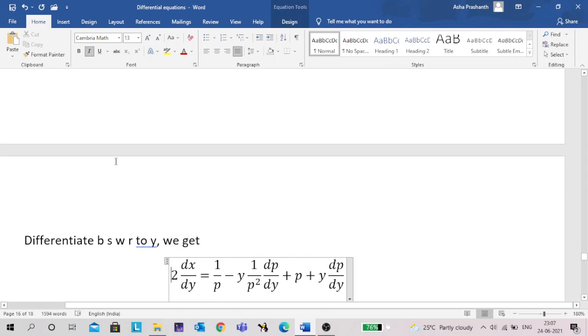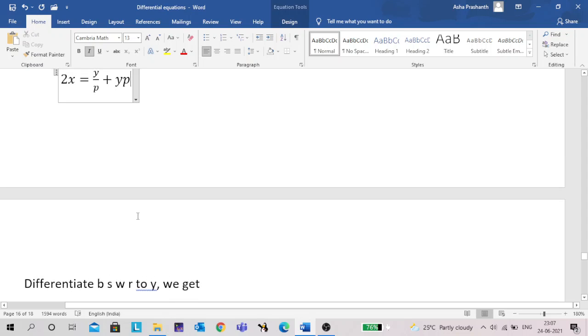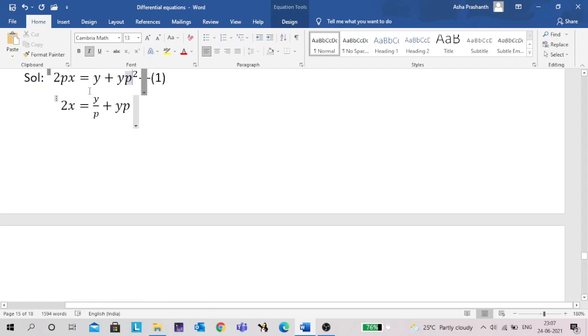With respect to y, 2x, 2 is a constant. The differentiation of x is dx by dy. We are differentiating this equation with respect to y. Here you can apply the product rule, or else you can apply the quotient rule. Here I have applied the product rule: 1 by p into y.